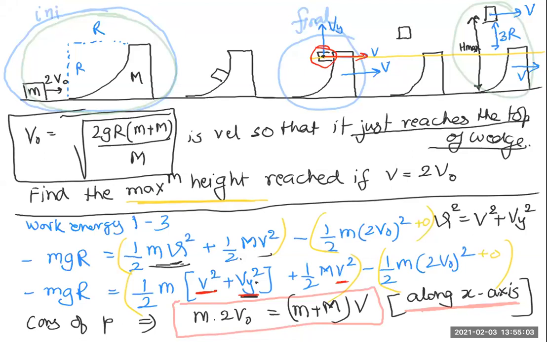But still, if you want some sort of a thumb rule, then what I follow is that I don't like to have a lot of variables in my problem. So if I choose 1 and 3, I know that I am going to get a Vy as well. Vy has not been asked for.